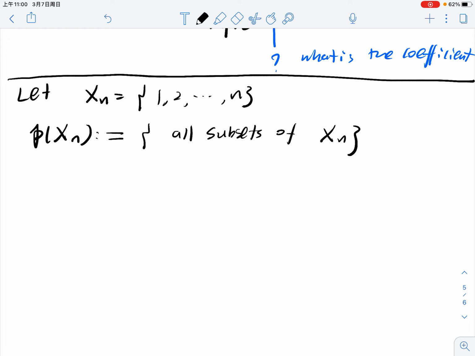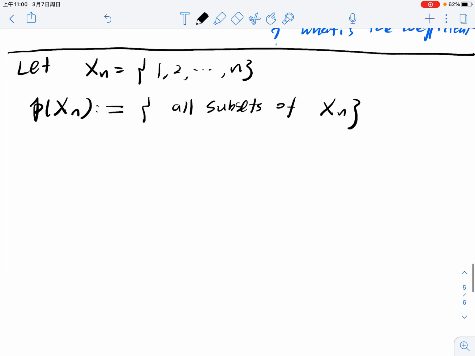If Xn is some other set, probably you cannot talk about a set of all subsets. Okay, it's finite, so everything is clear. Actually, this totally has two to the n elements inside P(Xn).